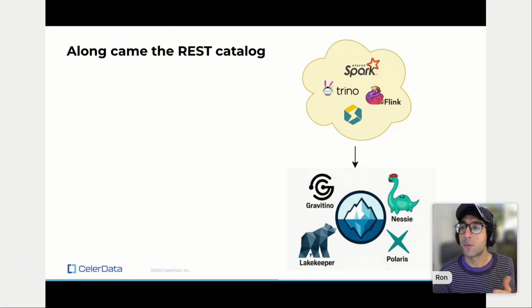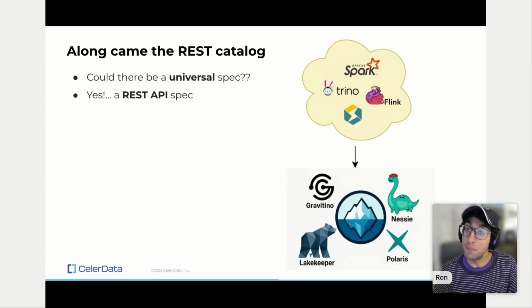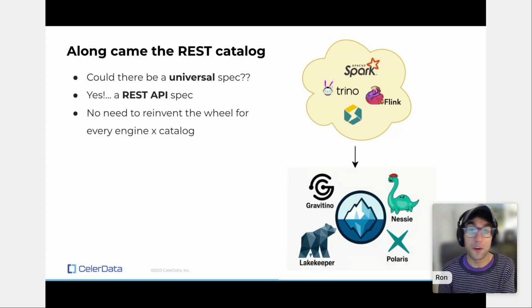Now, what is the REST catalog? They were thinking, is there a way we can universally talk about contacting the catalog that's agnostic to every single client? Well, there actually could be a universal spec, and that was the REST API spec. This is something that is exposed across a bunch of HTTP endpoints in a single configuration that's universally understood.